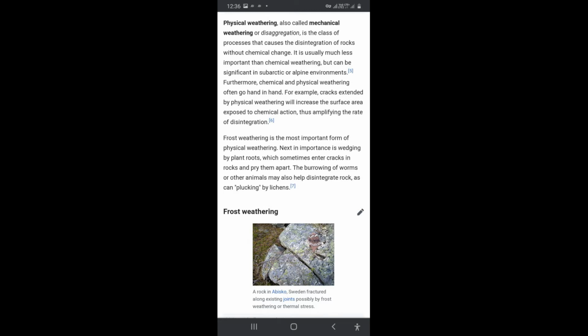The second type of reaction is a kind of ion exchange. The process of exchange of ions of water is known as hydrolysis. Usually silicate minerals, which are quite abundant in rocks, undergo this kind of weathering.